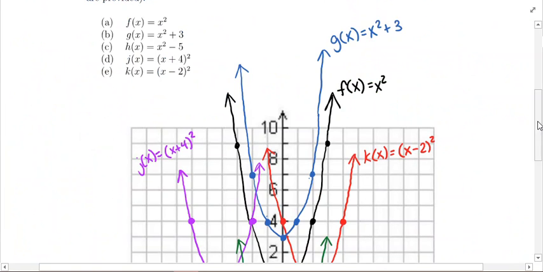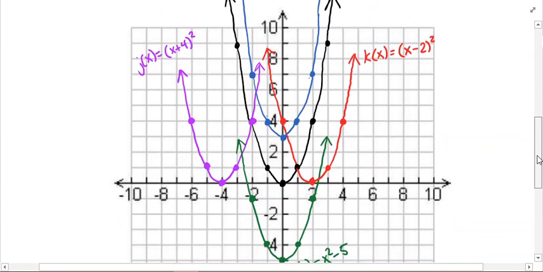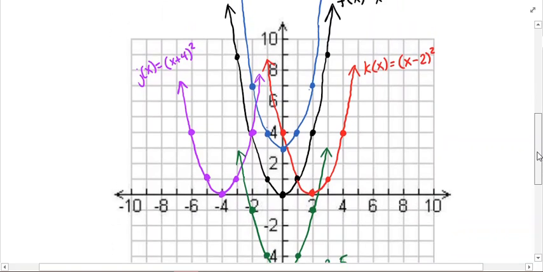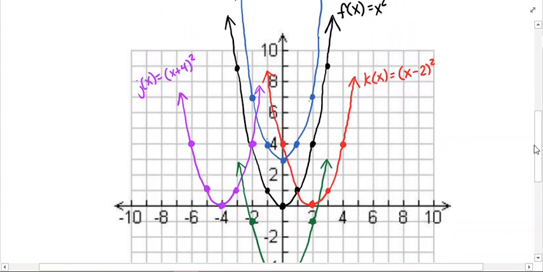I basically went to each table, took my points from each table, and plotted the corresponding function. So I've got each function in a different color corresponding to the table of values, and I wrote the formula for each function out to the side.